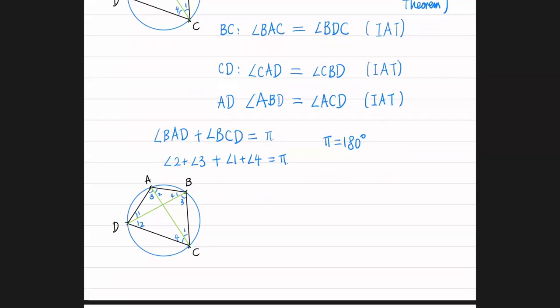The next step, we are going to draw a line L through A and parallel to BD.